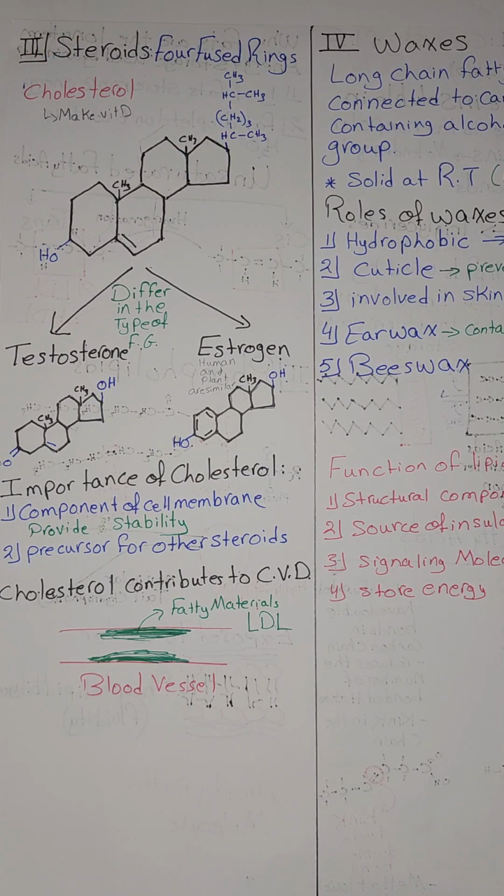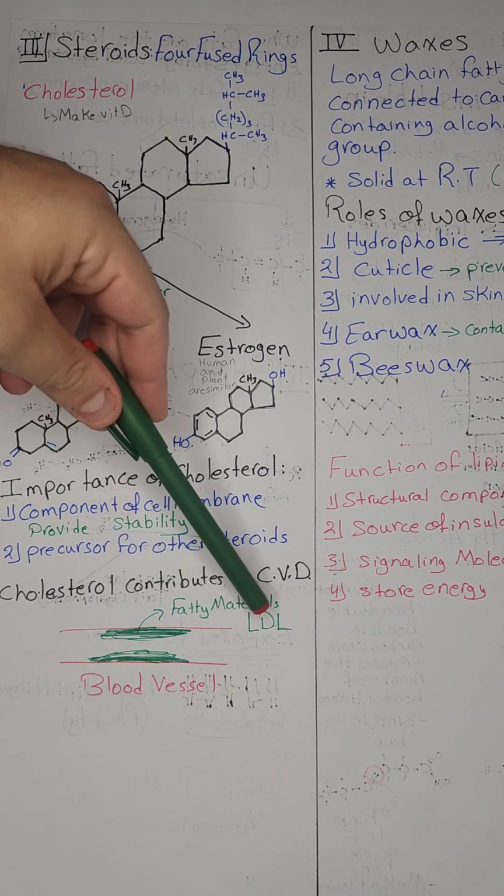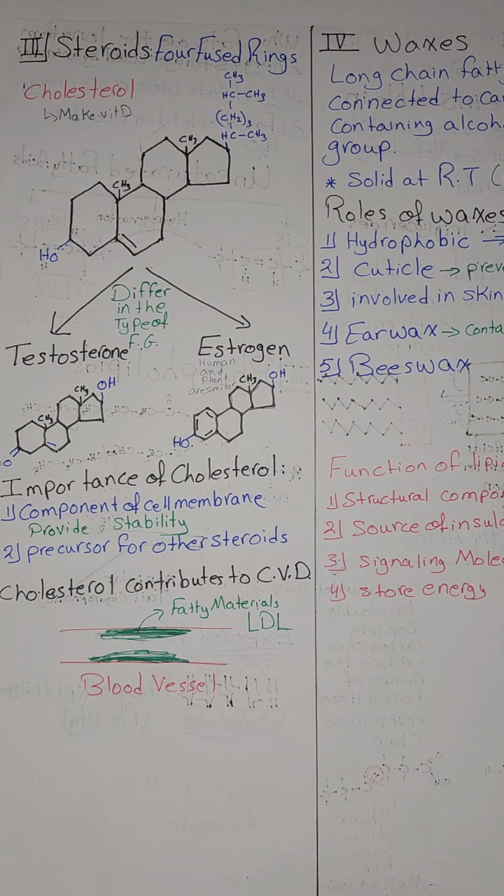It provides stability and is a precursor for other steroids such as testosterone and estrogen. But the bad cholesterol, the one I mentioned before, the LDL, can contribute to cardiovascular diseases, because increasing the level of LDL in our body will lead to an accumulation of fatty material in blood vessels, which blocks the flow of blood in them.